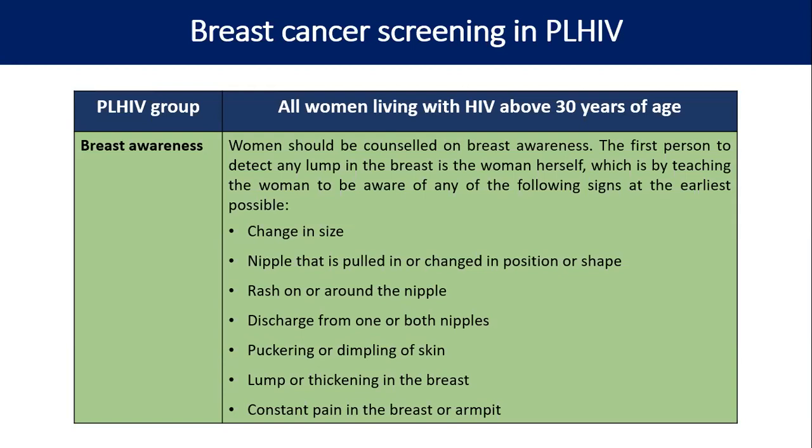And we need to teach her how to look for the danger signs of breast cancer, like change in size, nipple that is pulled in or changed in position or shape, rash on or around the nipple, and discharge from one or both nipples, puckering or dimpling of skin or around the nipple, lump or thickening in the breast, constant pain in the breast or armpit. All these are the signs that might point to the fact that the patient is developing some cancer or has already developed some breast cancer.